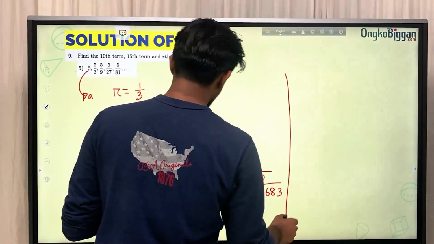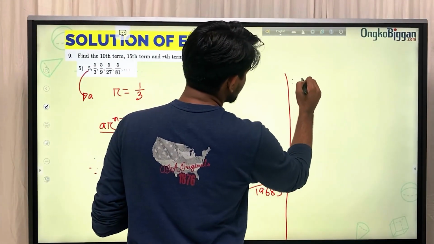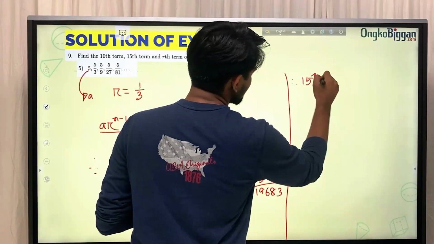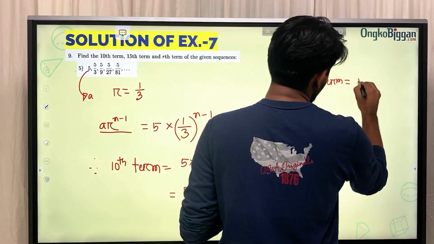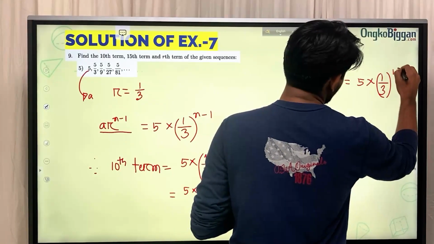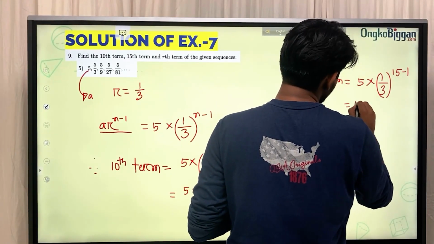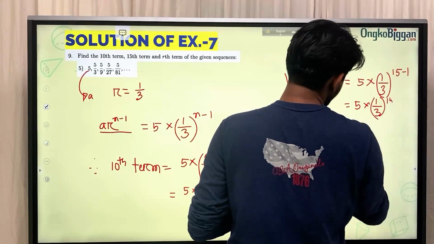And the 15th term. So the 15th term will be 5 into 1 by 3 to the power of 15 minus 1. So it is 5 into 1 by 3 to the power of 14.